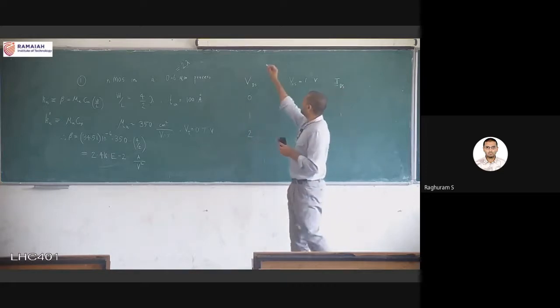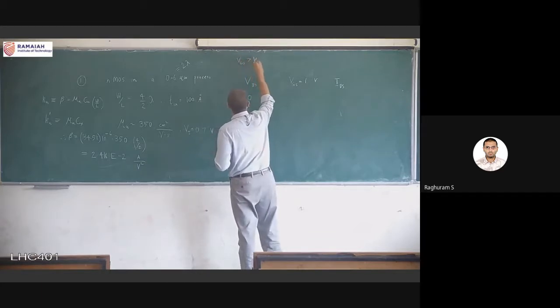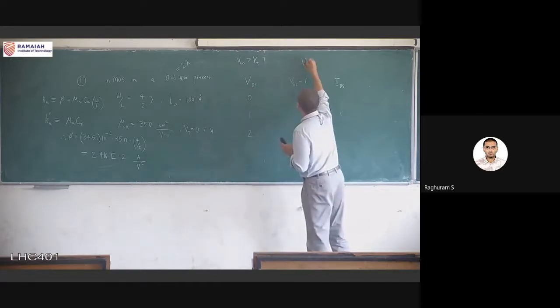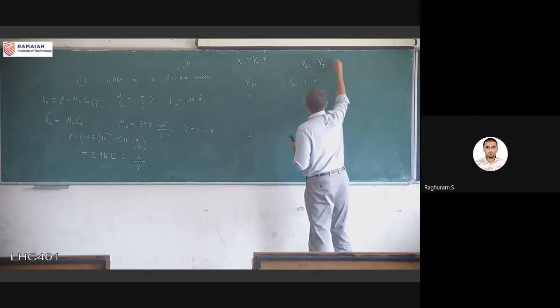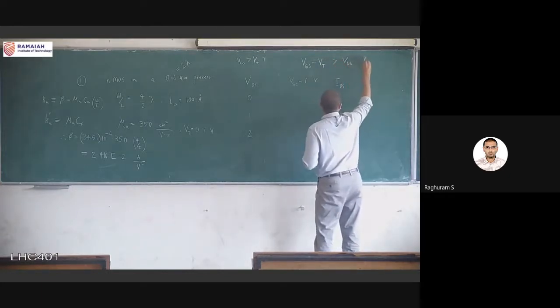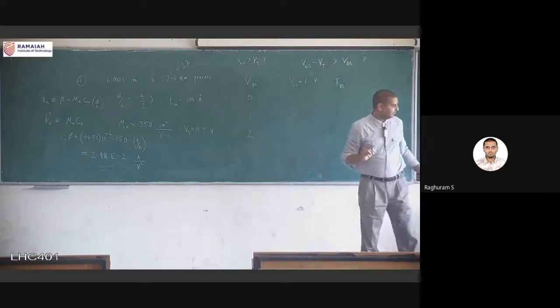I'll write the conditions here. VGS greater than VT, this is the first question mark. The second question mark is VGS minus VT greater than VDS. These are the two things that we have to check.